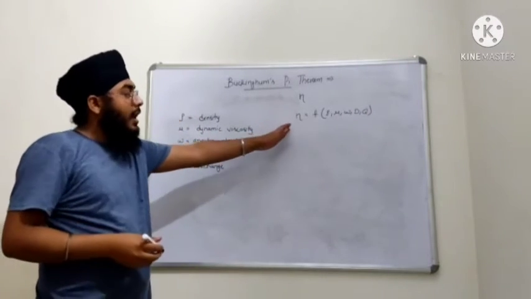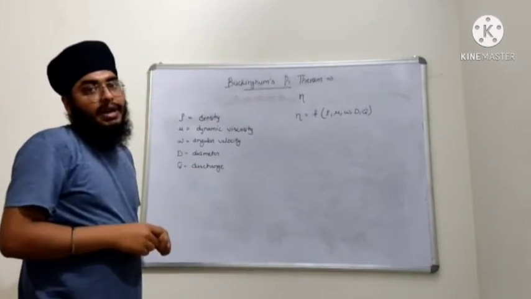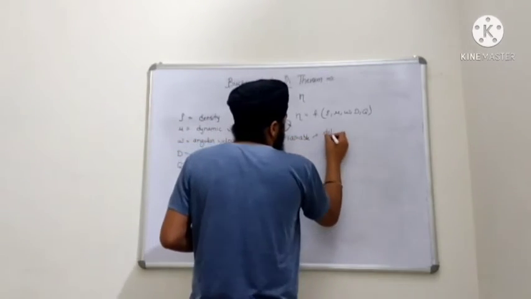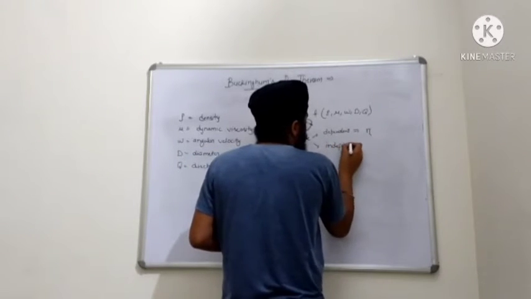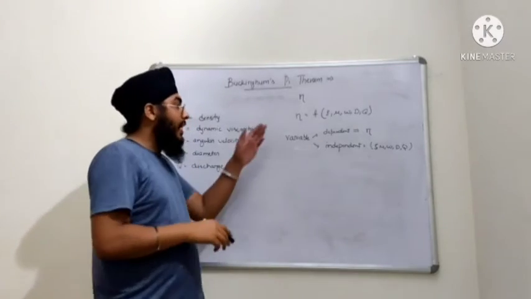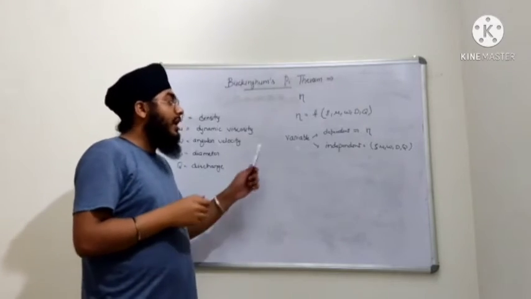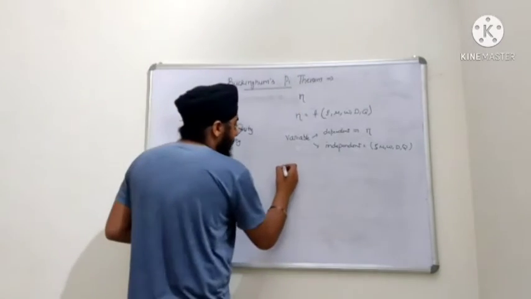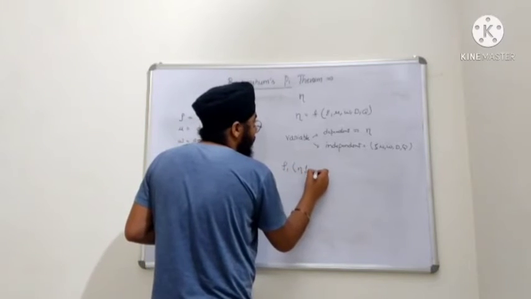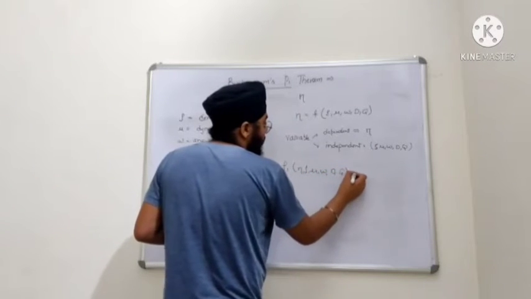Now, eta is a dependent variable. On the other hand, these are independent variables. Now finding a functional relationship between dependent and independent variables, that is f1 of eta, rho, nu, w, d, q equal to 0.